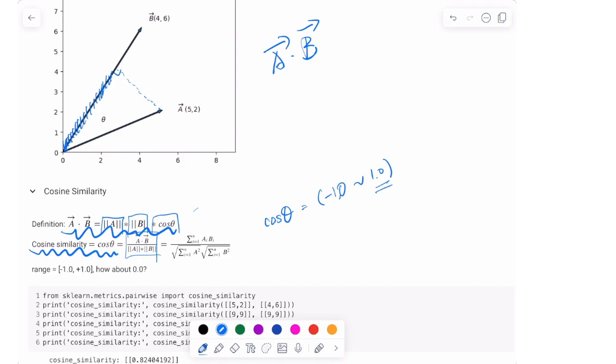If the cosine value of two vectors is close to 1.0, the two vectors are the same, so they are very similar. If the cosine value is close to -1, they have opposite directions, so they are not similar. If it is 0, they are orthogonal.